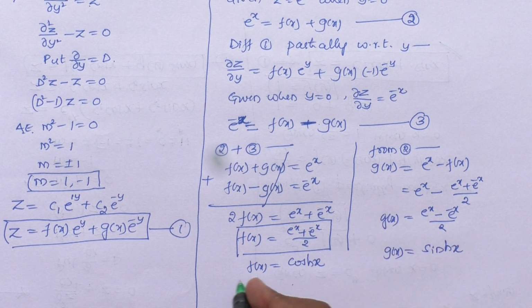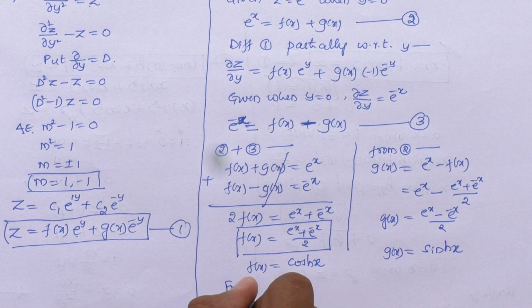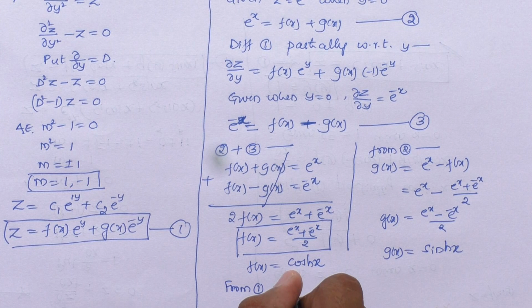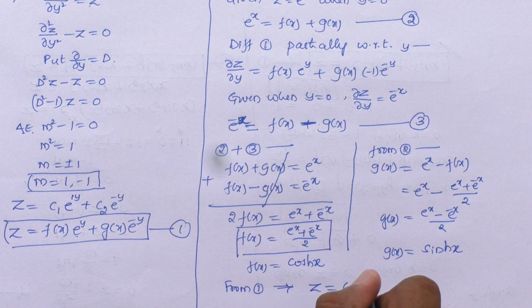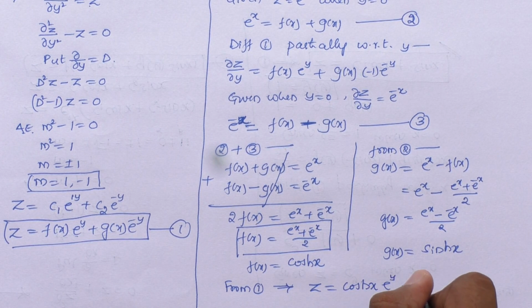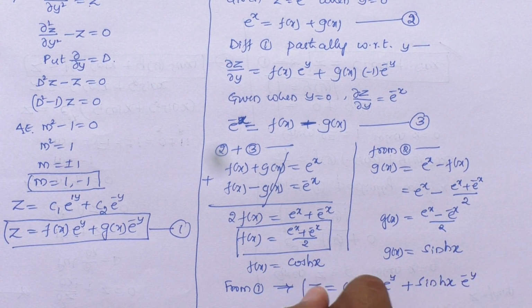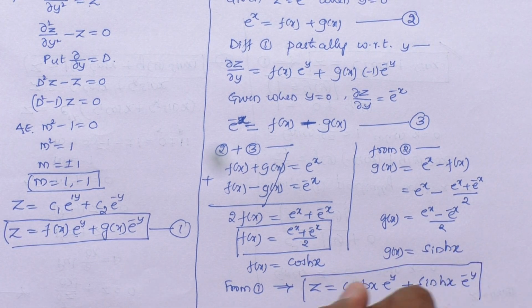So from 1, z equal to cos hyperbolic x into e raised to y plus sine hyperbolic x e raised to minus y. So this is the required solution.